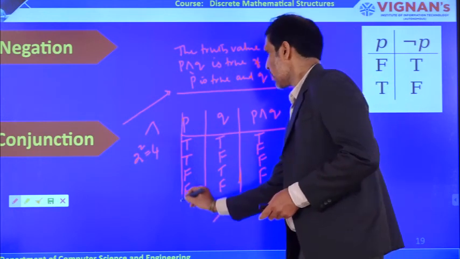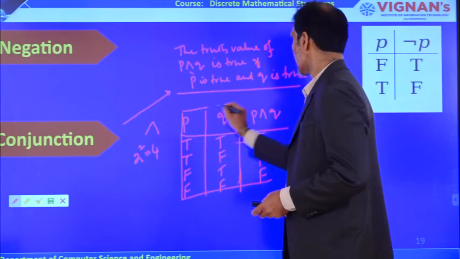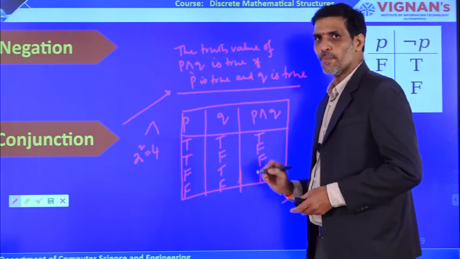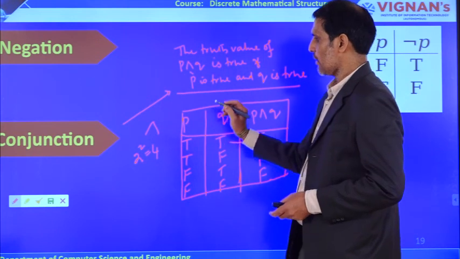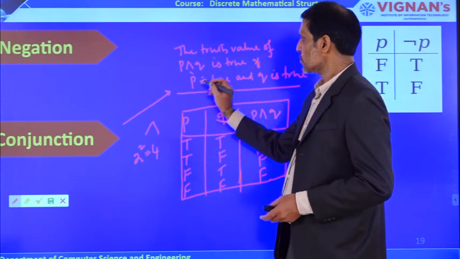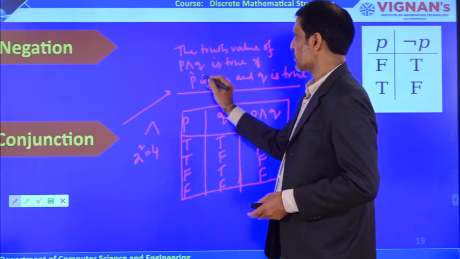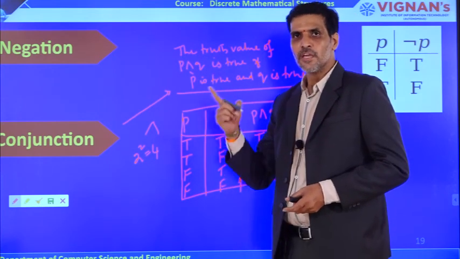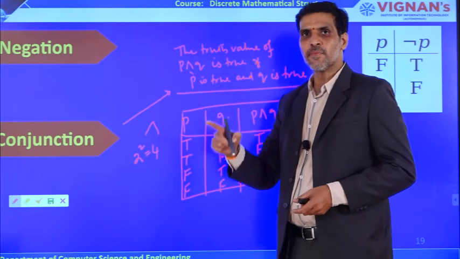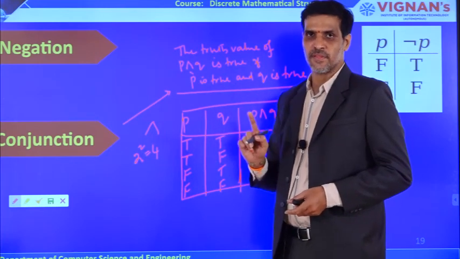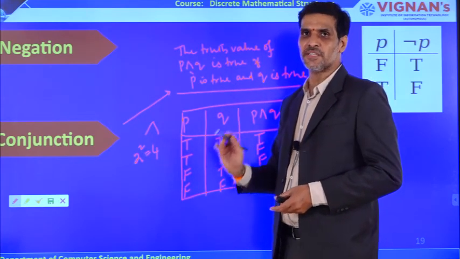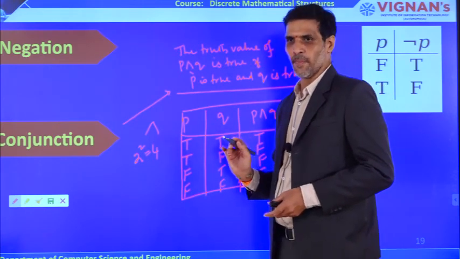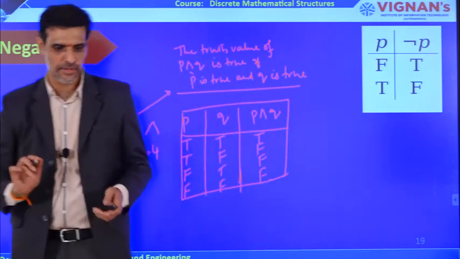Once again, the conjunction of two statements is always true if both statements are individually true. That is the definition of conjunction. In the other cases it is always false. I hope it is clear now.